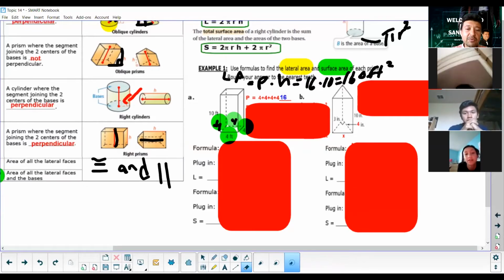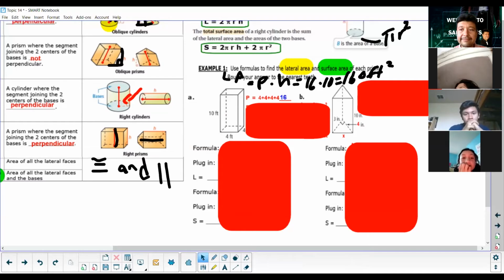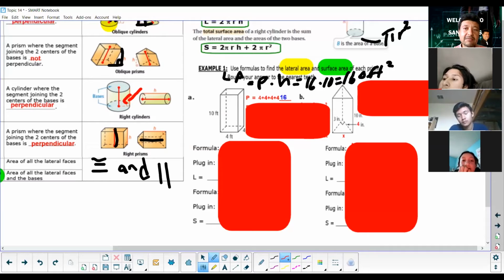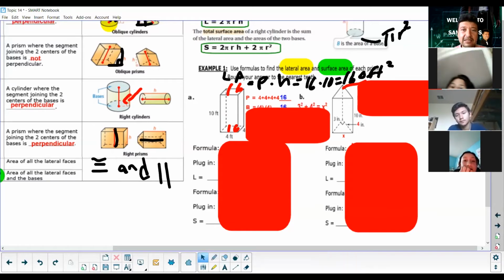Now, Marcus, what will we do in order to get the total surface area? It'd be base times height. Not so much. Remember, you have to find the area of each of the bases. So you see from this 160 that we came up with already? Yes, so it'd be 160 plus the 2 bases. So we're going to add 16 and 16, right?